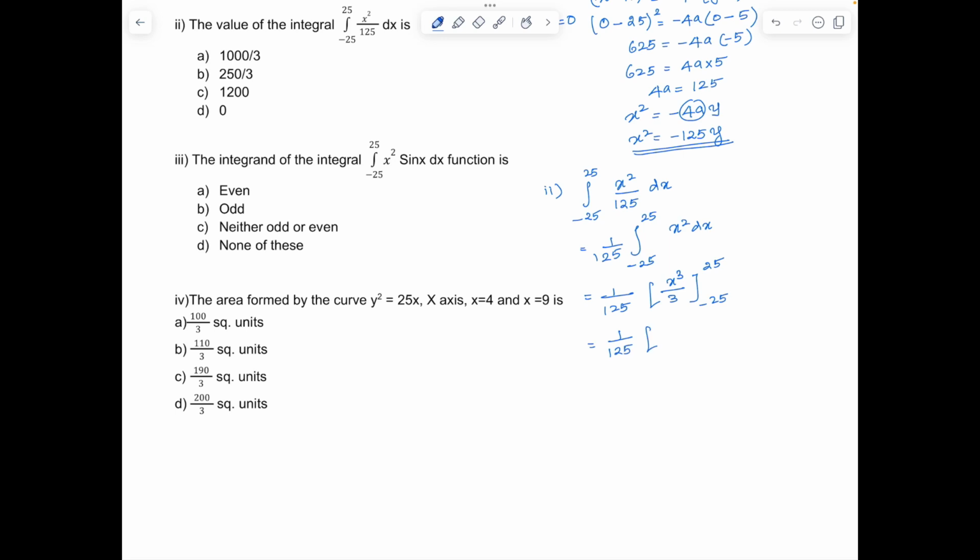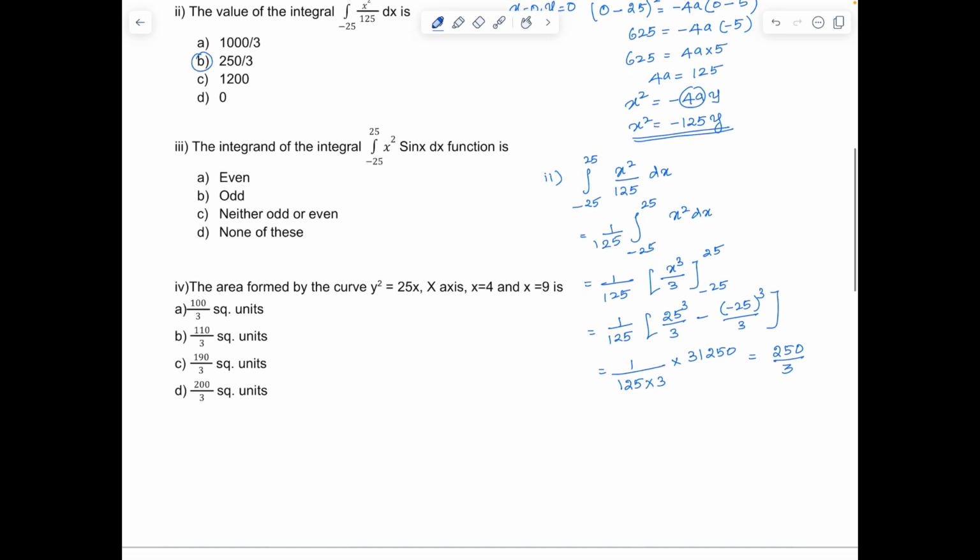That is 1 by 125 times 25 cube by 3 minus minus 25 cube by 3. On calculating this, we get 1 by 125 times 3 into 31,250, which gives us 250 by 3. The answer is B.